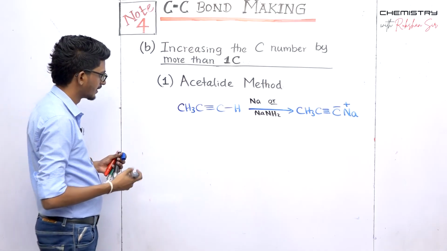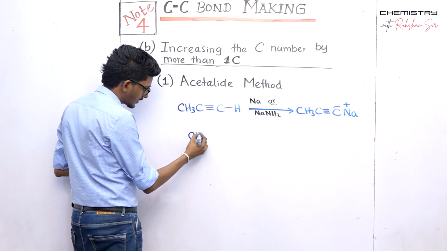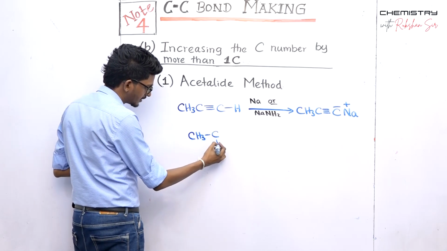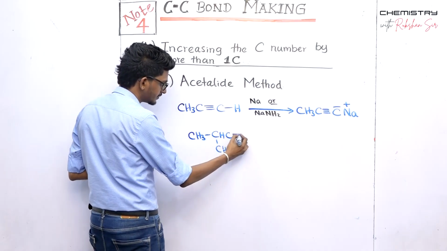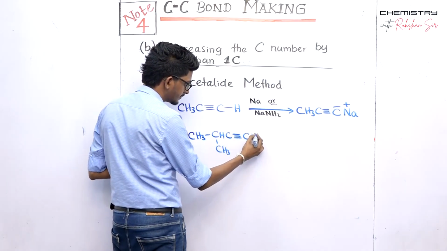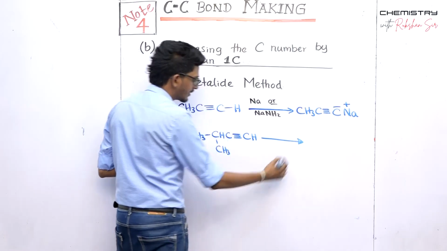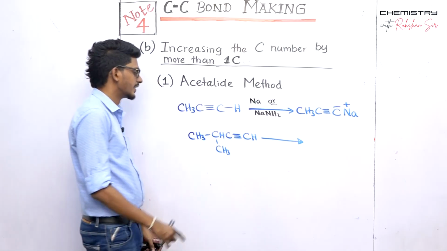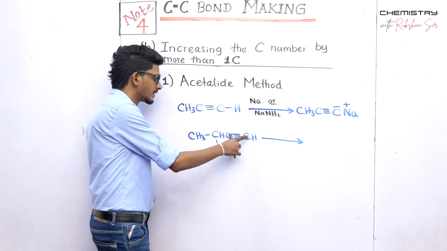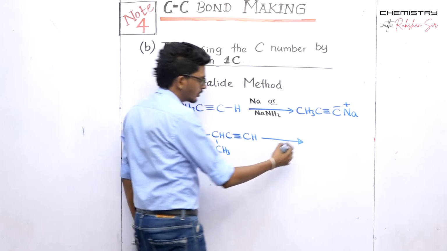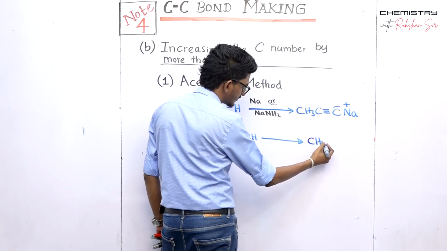You can make acetylides with any kind of terminal alkyne. You have this one, another terminal alkyne. Terminal alkynes are the compounds with triple bonds at the corner position. You can make the acetylide from this one as well.